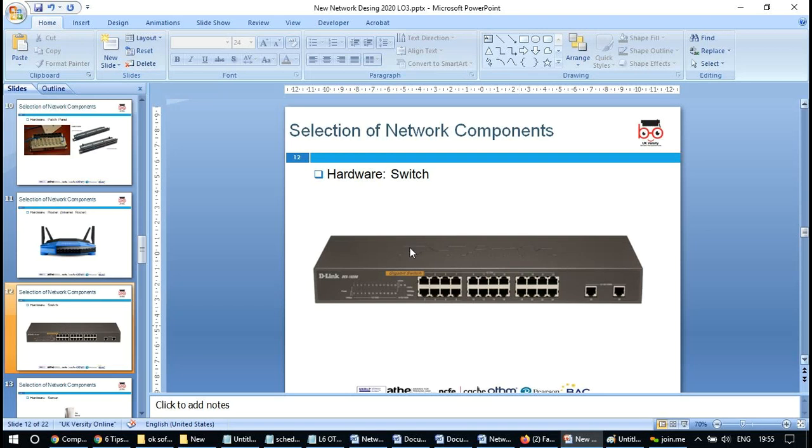The next question arises: the hub is a kind of old device that used to make the connections between the computers, but wherever it required some kind of intelligent data packaging so that there shouldn't be overloading on the network traffic. For example, the hub used to broadcast the data to every computer.